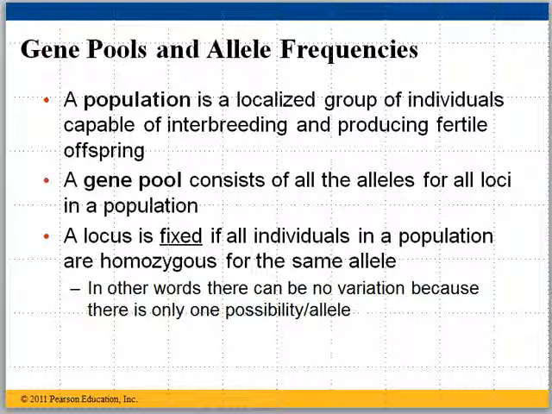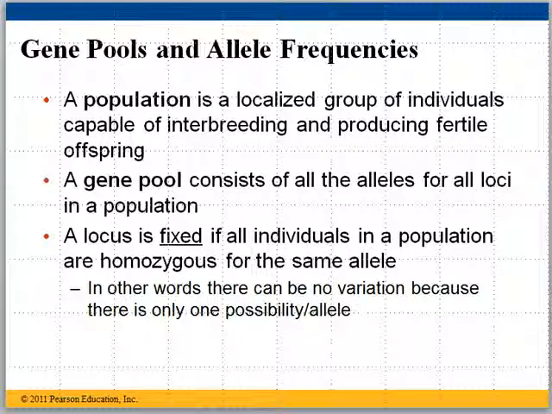Since we are talking about the entire population, we're not talking about any one particular mating pair. We're going to take all the alleles and just dump them into a bucket, regardless of who those alleles came from or any one particular creature. So a gene pool consists of all the alleles for all the loci in a population.